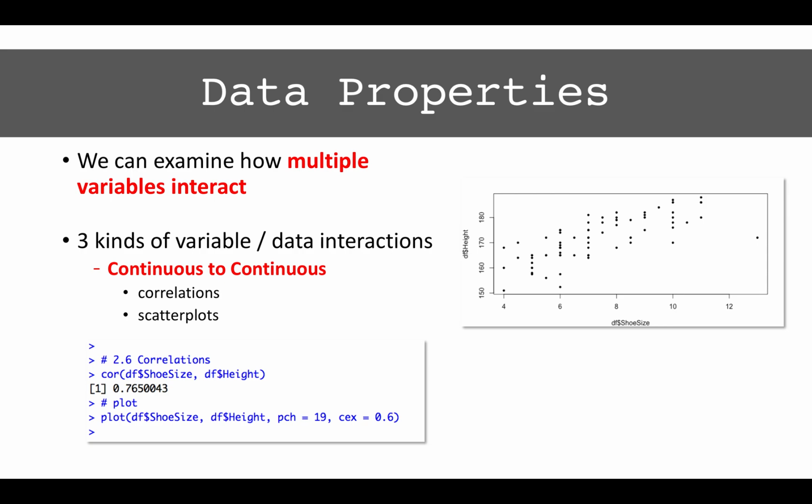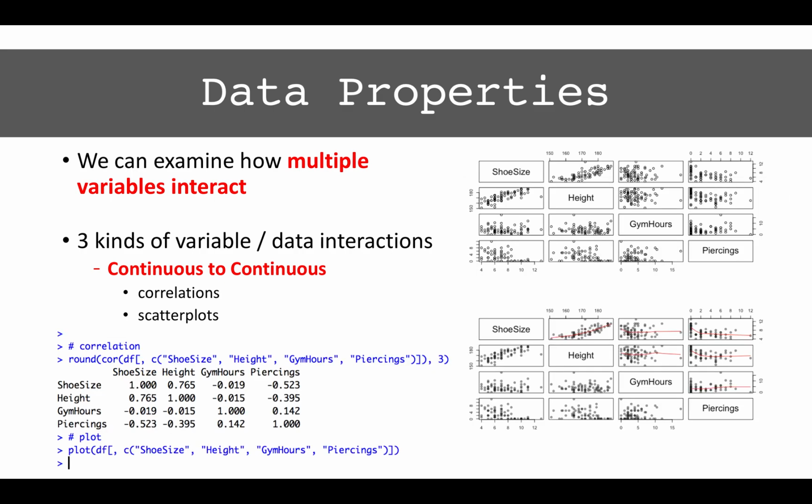So we can see that there's a good, strong correlation, and indeed our visual summary is confirmed by the correlation statistic. Now we can look at multiple correlations across multiple pairs of variables, and we did this in the introductory session to R. Here we're looking at the correlations between four numeric variables, and we can see the relationship between shoe size and height of 0.765 as before. But we can also see an interesting negative relationship between shoe size and piercings: the larger your shoes, the fewer piercings you have, or the more piercings you have, the smaller your shoes.